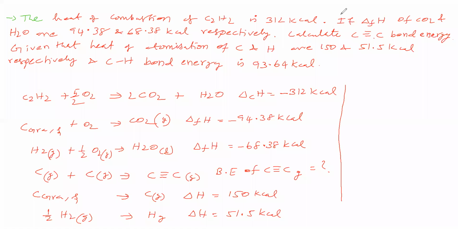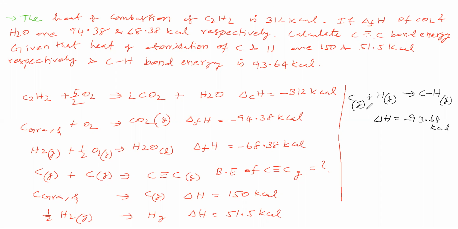C-H bond energy means take carbon in gaseous state and hydrogen in gaseous state and make a C-H bond. The heat involved for this is called 93.64 kilocalories. Here a bond is produced, which means exothermic. A bond is breaking means endothermic. Like this we have to take.